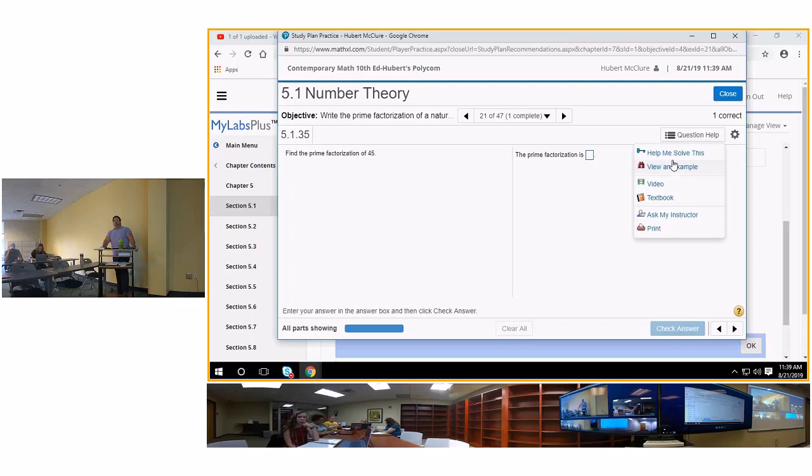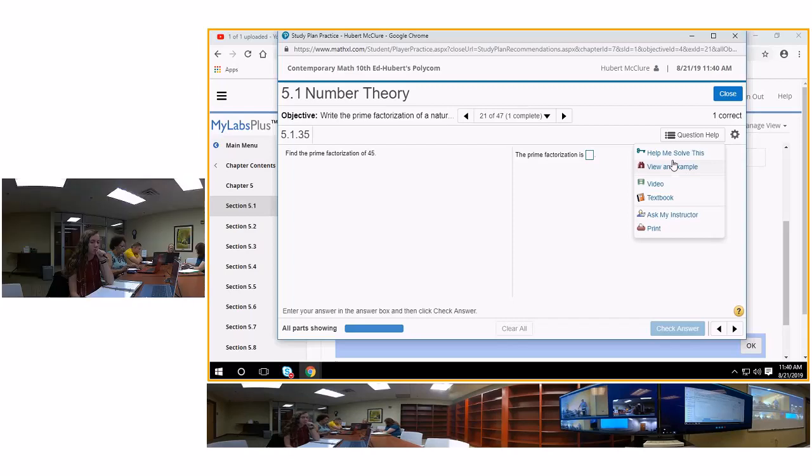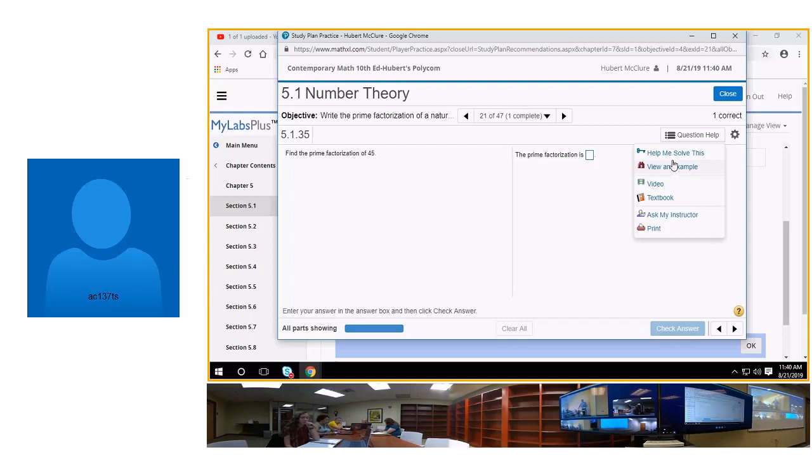When should somebody hit help me solve this? Usually students use help me solve this when they have never seen the material before. Let's say you're an algebra student and you've taken Algebra 1 and Algebra 2 and I throw you in a calculus course. Oh, Lord have mercy. You would use this button because you've never seen calculus.